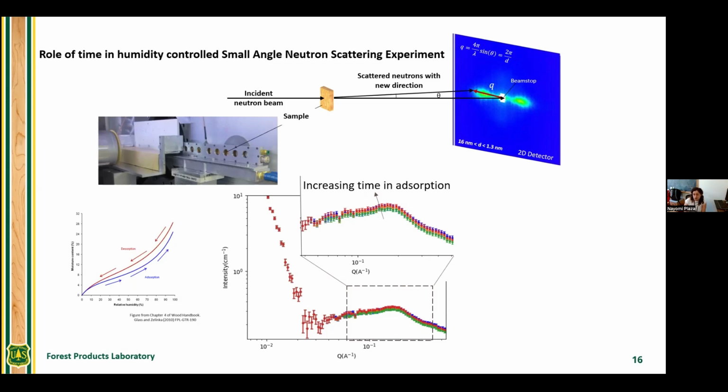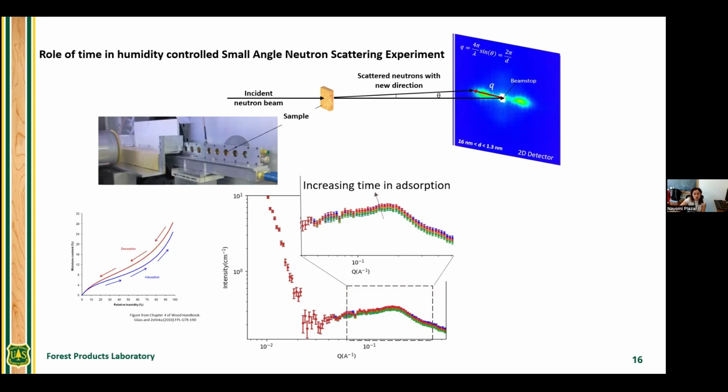As water is going in, we have better contrast, and the swelling between the different elementary fibrils starts to increase. Thus that correlation peak starts to become easier to detect. In this case, I think this was a 25% humidity, so the contrast was not going to be as great, but it allowed us to look at that increase in time due to just having the absorption.